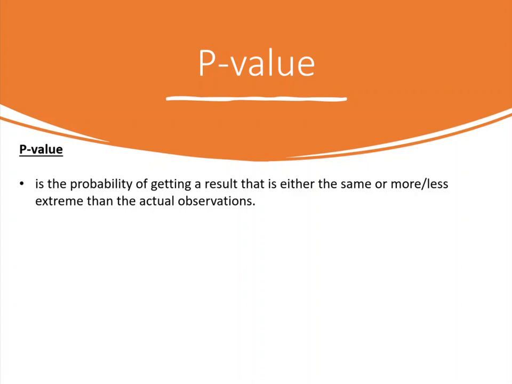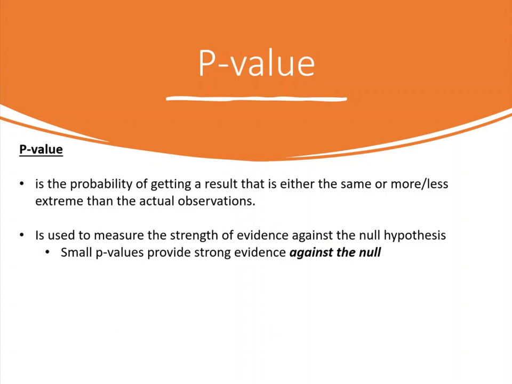We use this p-value to measure the strength of our evidence against the null. In other words, we're measuring our sample against what we assumed to be true. So a small p-value is going to provide strong evidence against the null.